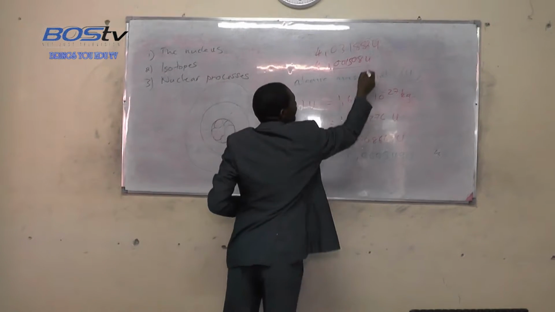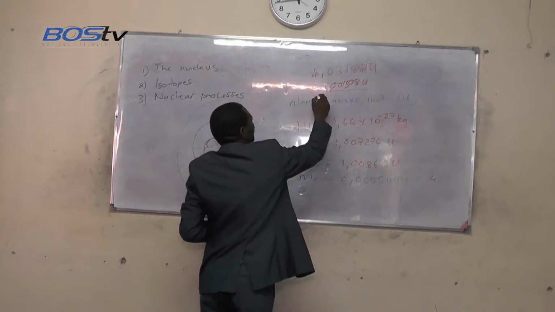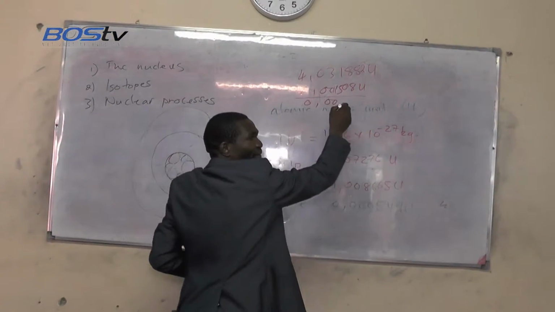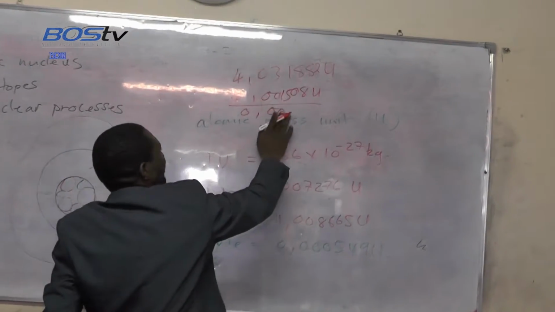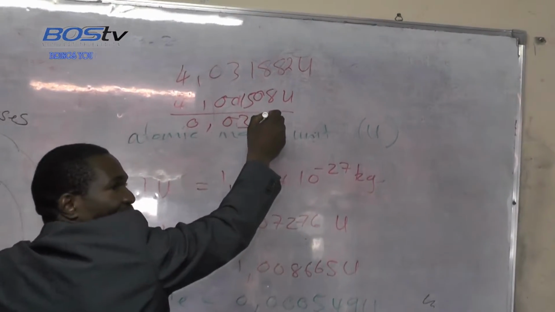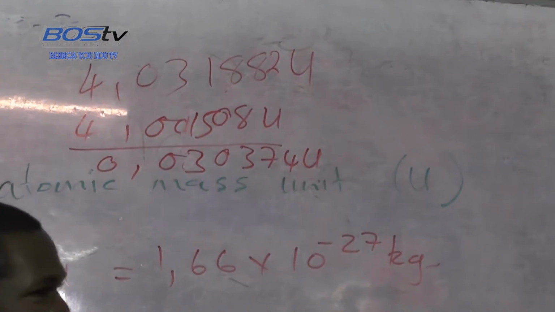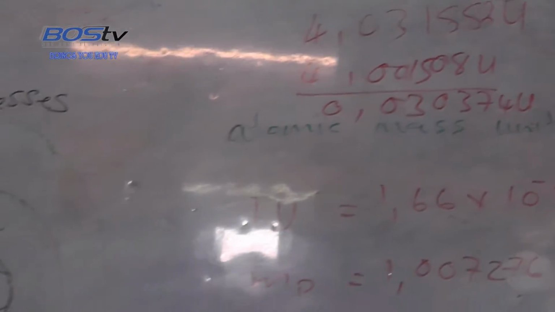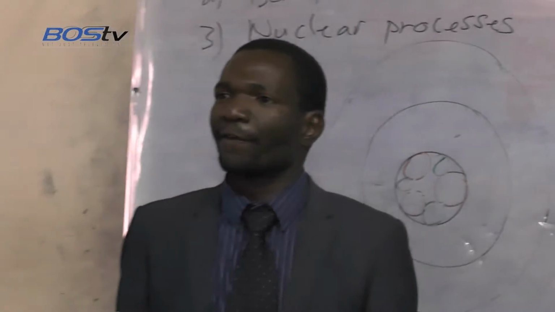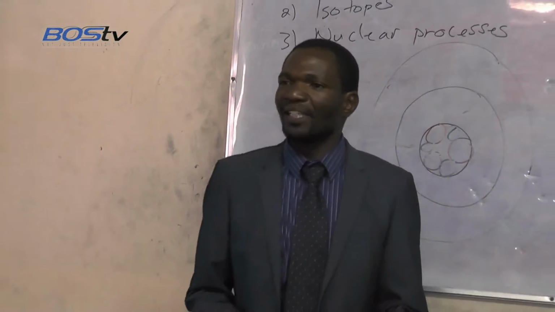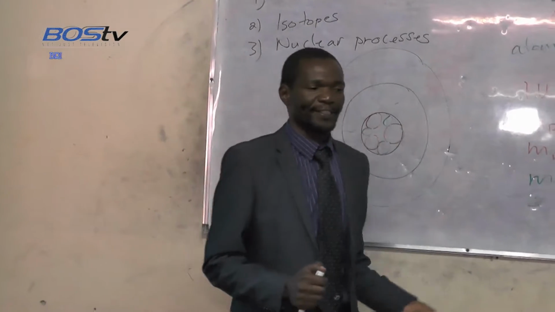If we were to subtract, what do we get? 0.037 U. It might appear as if it's a small difference, but it's really important for the processes which are happening in nuclear physics.